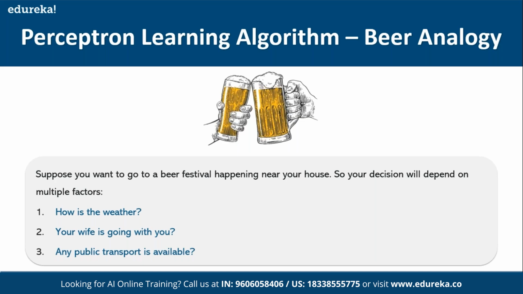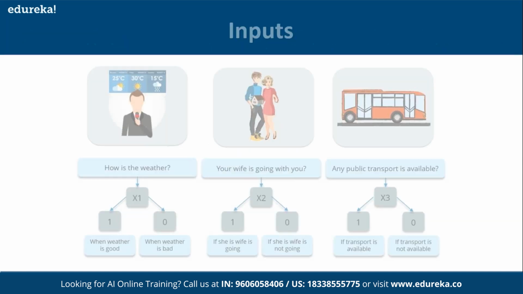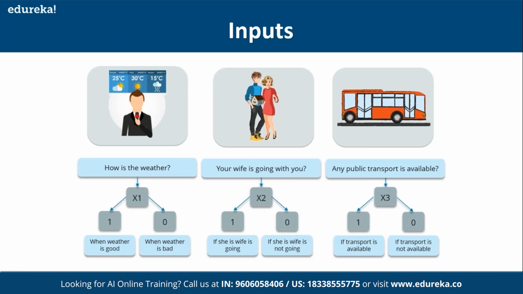Now what you do is, basically for every question you have two outputs. If the weather is good, the output of this question will be 1. If the weather is bad, the output is 0. If your spouse is accompanying you for the beer festival, it is 1.